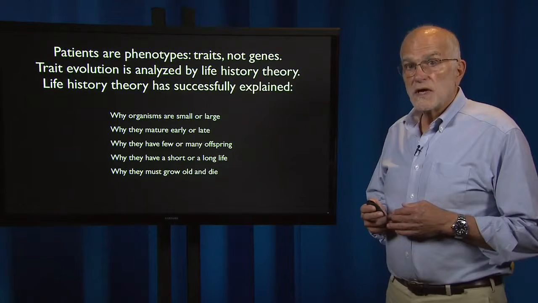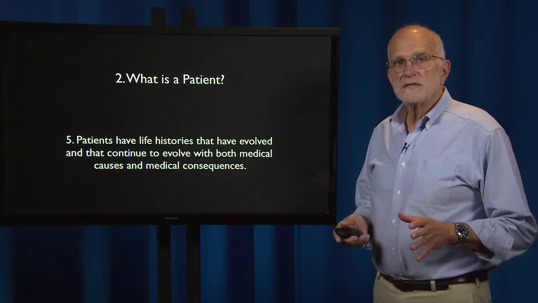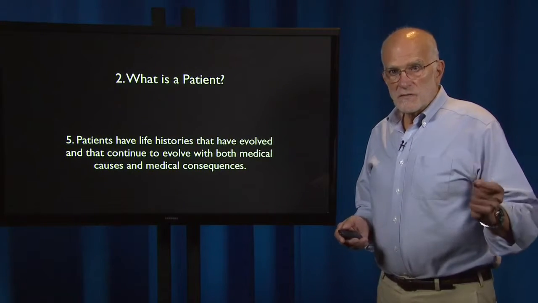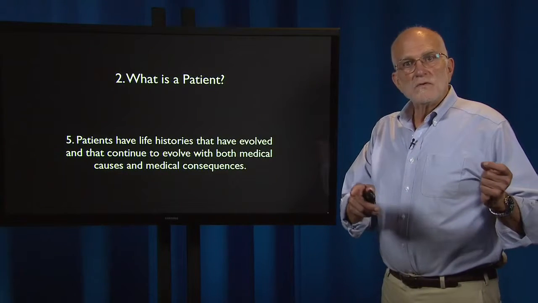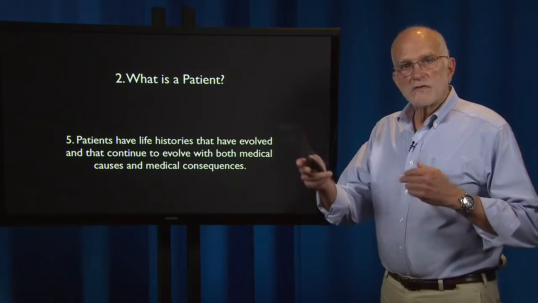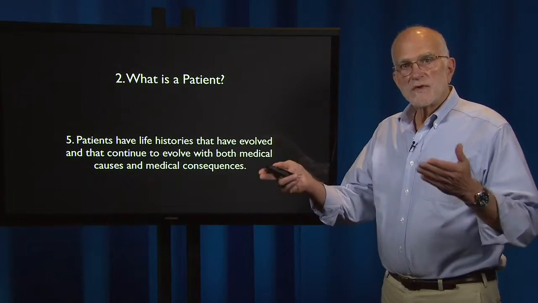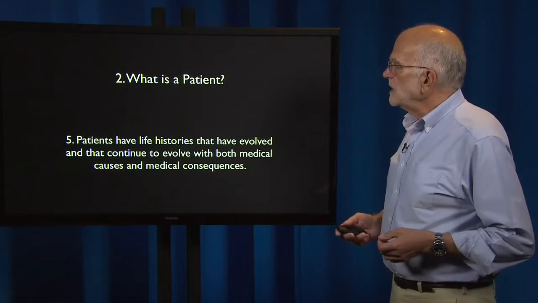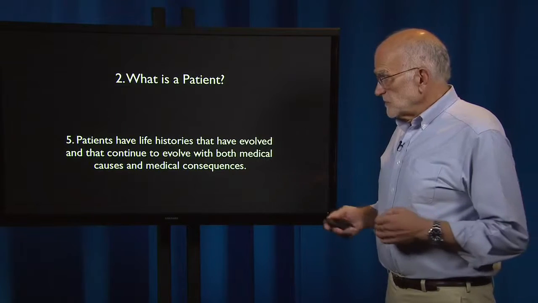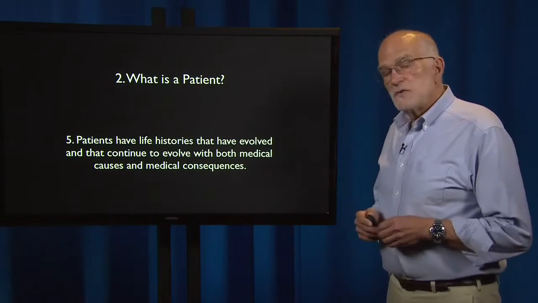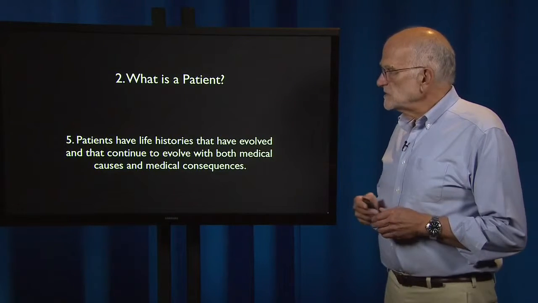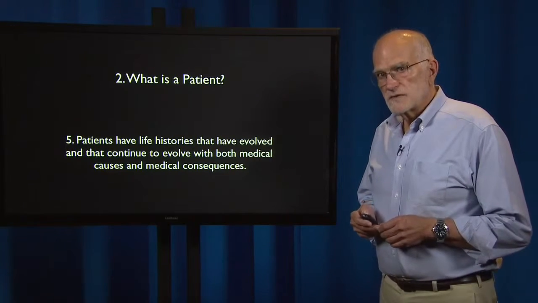Our fifth look at what is a patient recognizes that every patient is a life history that unfolds from egg through fertilization, birth, growth, maturation, reproduction, and on into old age and death.